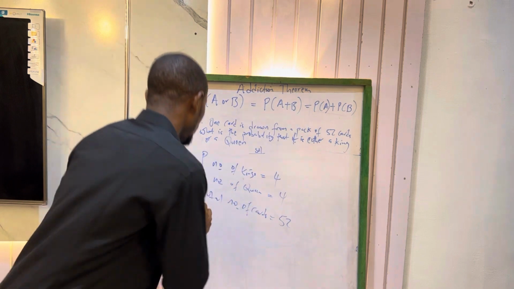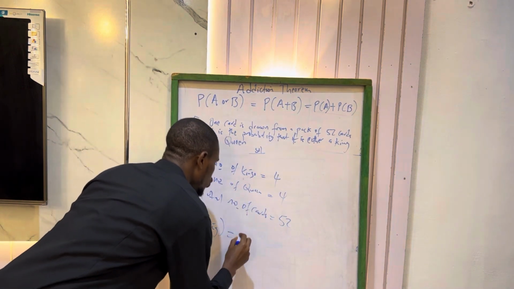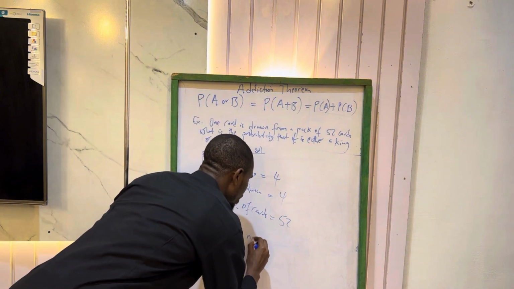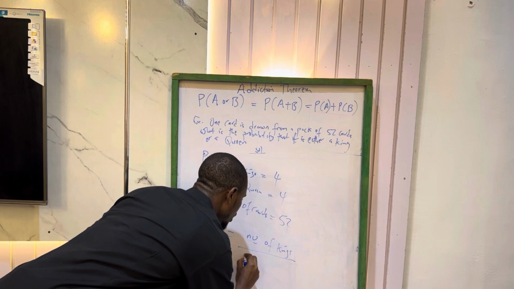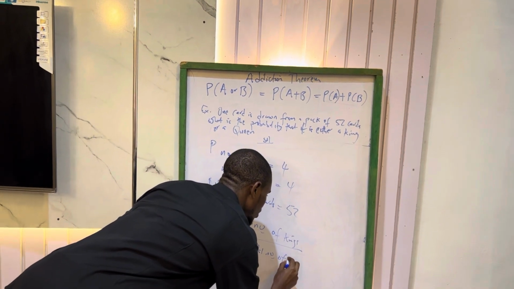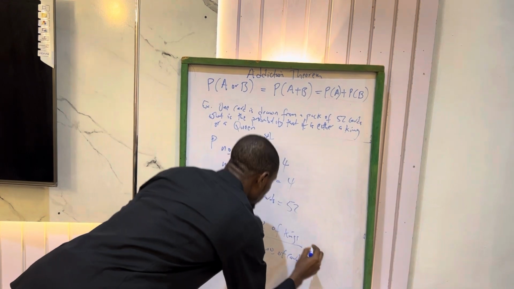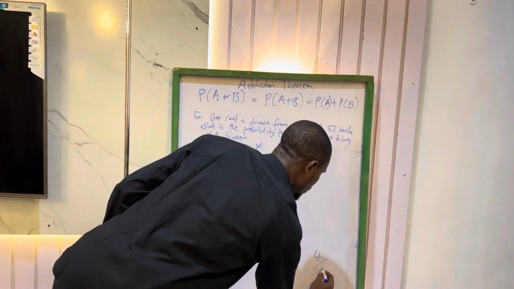That should be the probability of a king, P(king), is equal to the number of kings over the total number of cards. It's as simple as that. The probability of a king occurring will give you 4 over 52.